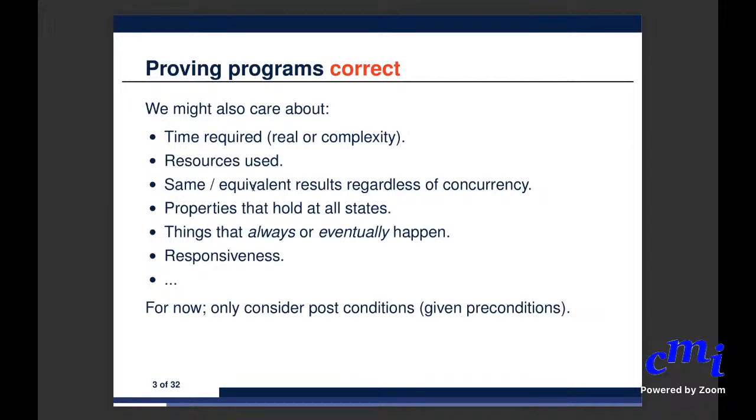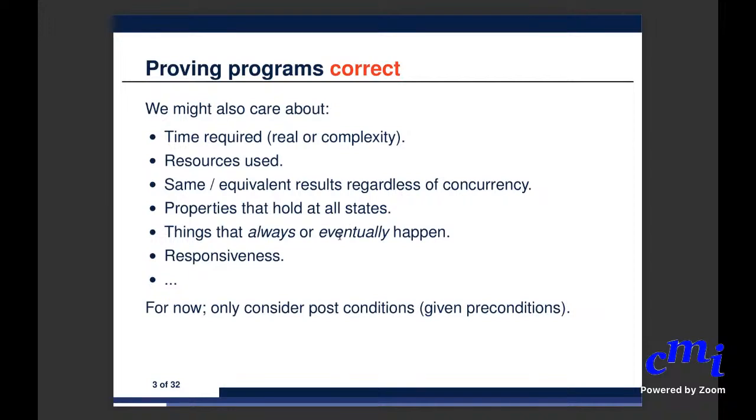Right now we're restricting ourselves to sequential programs. There is also the aspect of concurrency, where we want to show that every possible way of scheduling instructions in a concurrent program produces the same results.